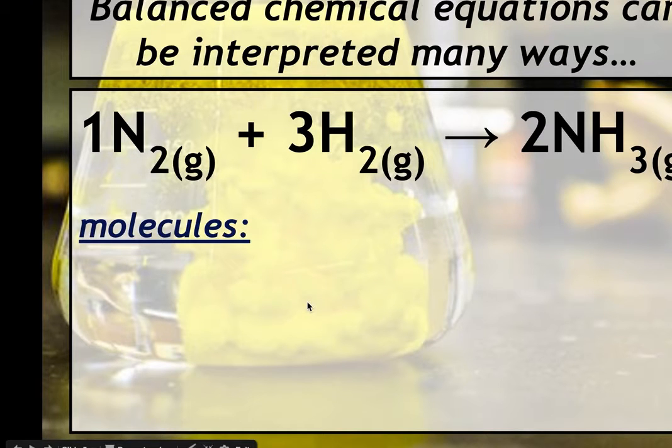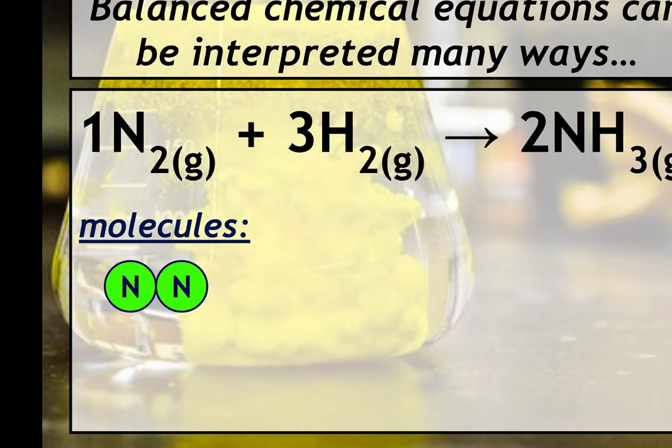In reality, this chemical equation is basically saying you have one molecule of nitrogen, remembering that nitrogen is a diatomic molecule, so you're always going to have two of them together. We have one molecule of nitrogen. In our chemical reaction, we also have 3 molecules of hydrogen, another diatomic element.